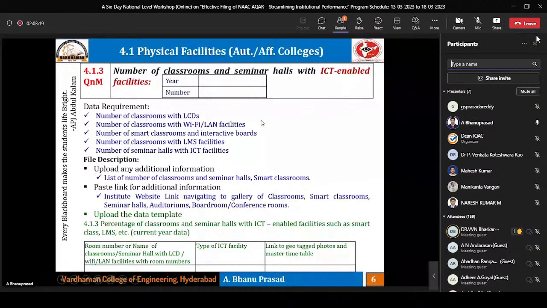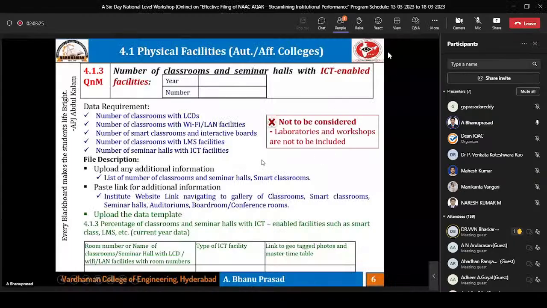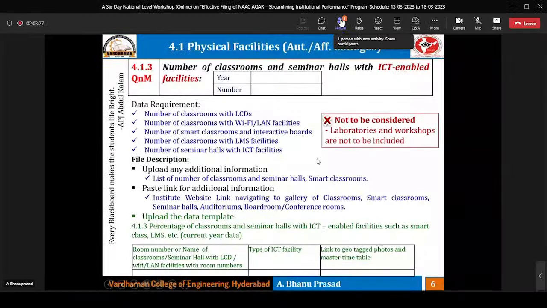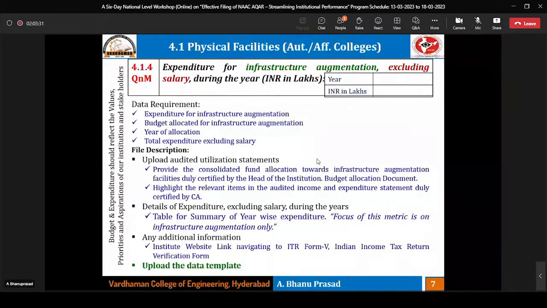So under the autonomous, we have the 4 metrics. Right. So as we said, coming to 4.1.4 about the expenditure. We have the infrastructure augmentation, excluding salary. Augmentation is only where it is being expended for that academic year or the financial year. The previous expenditure will not get into this.